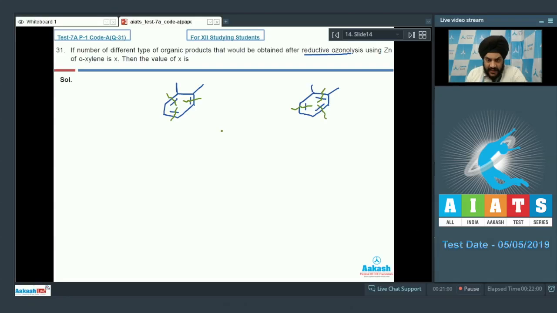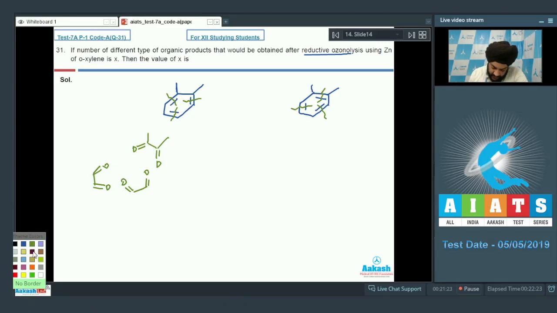So if we try and draw the structures obtained after the ozonolysis in the left hand side, we can have the structure. We can have glyoxal. We can have the third structure also as a glyoxal. We can now talk about the structure on the right.